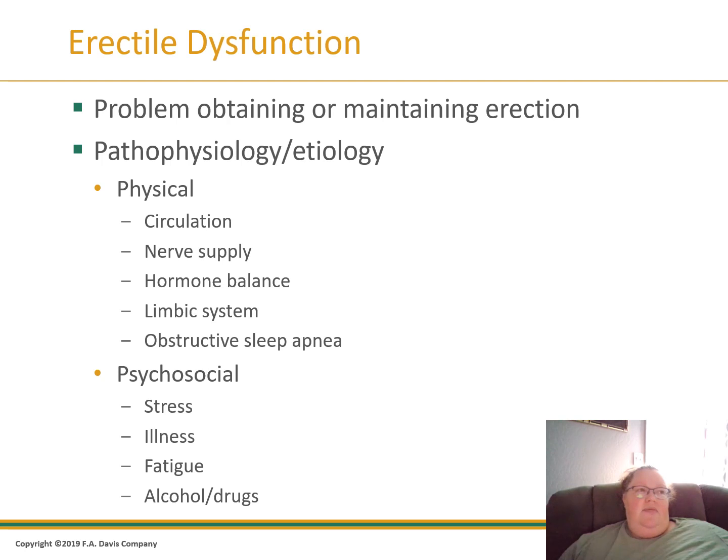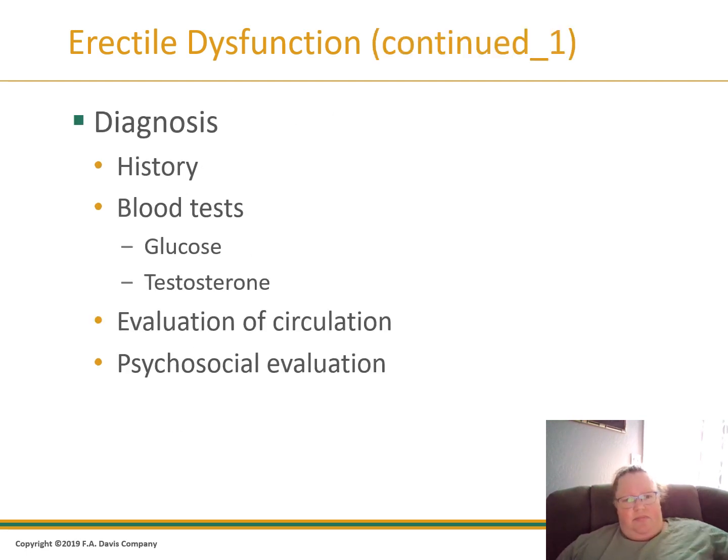It could be fatigue, illness, alcohol, drugs. You may be having a bad side effect from one of your antihypertensive medications. Antidepressants can also cause erectile dysfunction. Lots and lots of things can cause it.